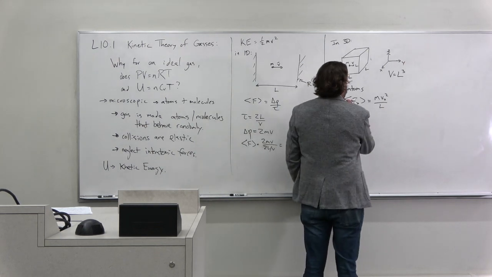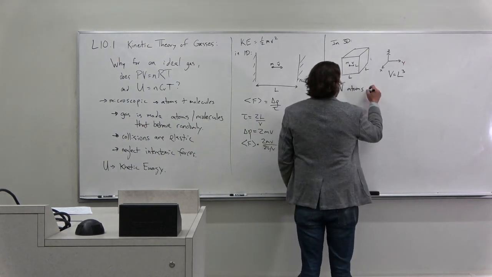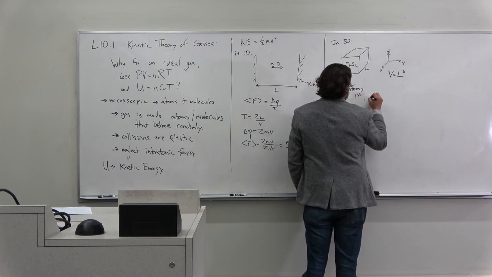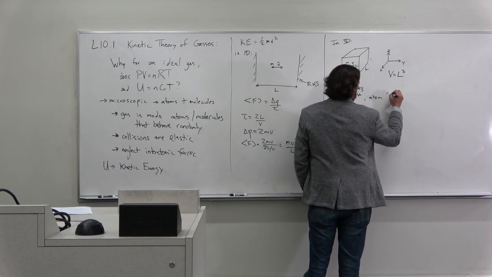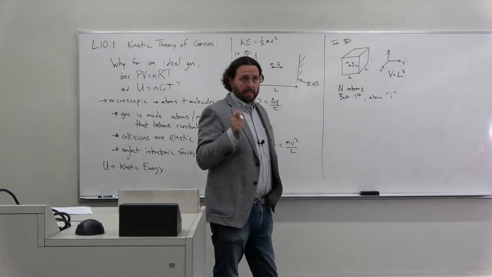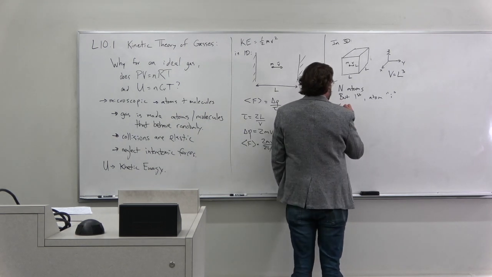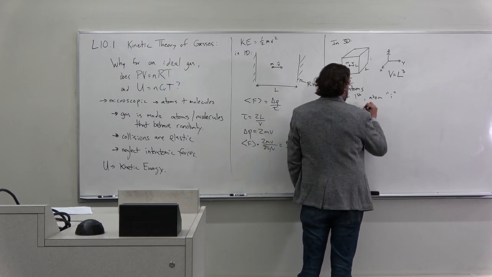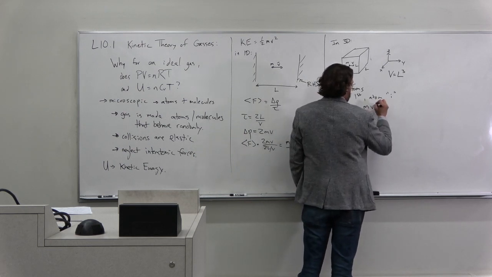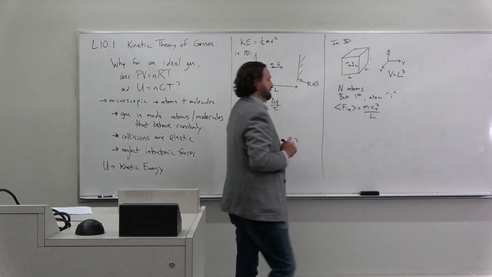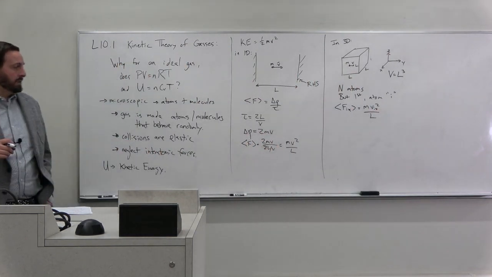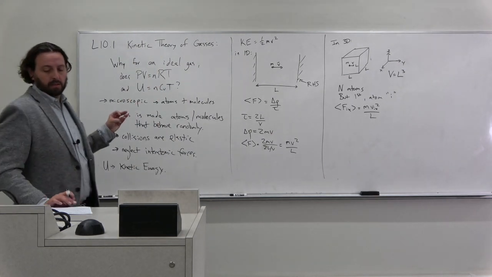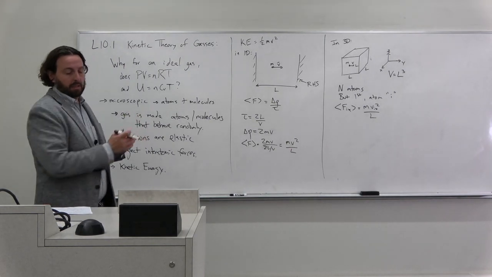Let me be a little bit more clear. I actually want n atoms, but first, atom i. We're going to have an atom labeled with an index i. So we're going to say that the force from atom i on the x wall is m vix squared over L. Just exactly what we had here, but now we're specifying that it's for a particular atom and that we're going to have a lot of them.